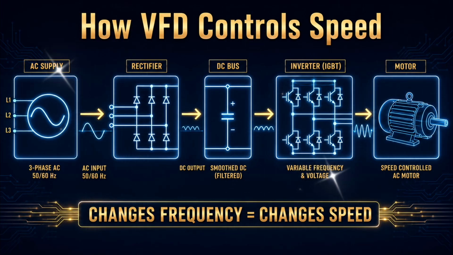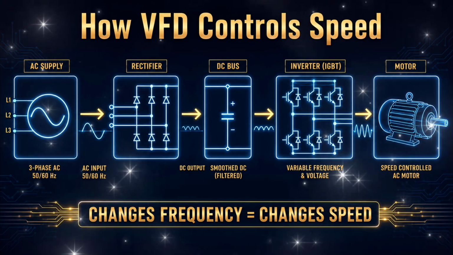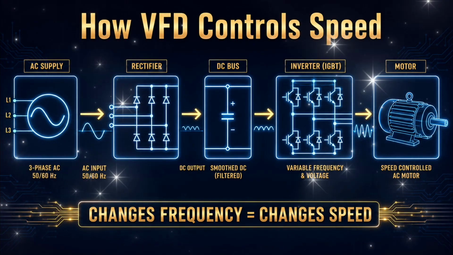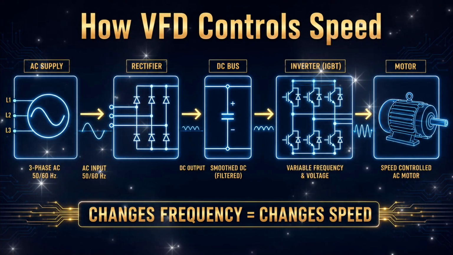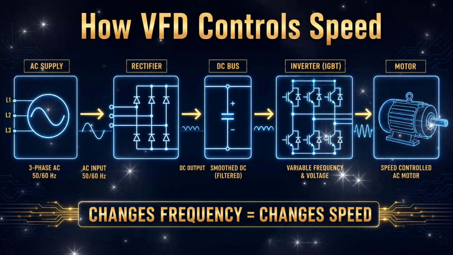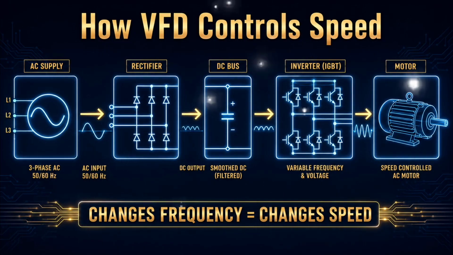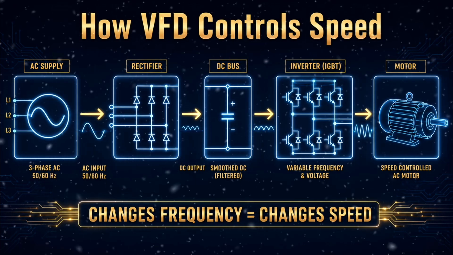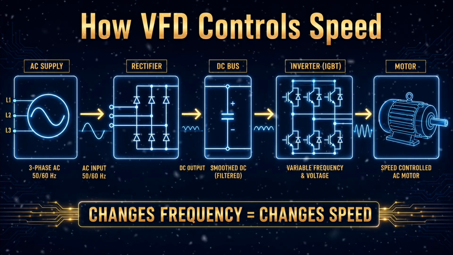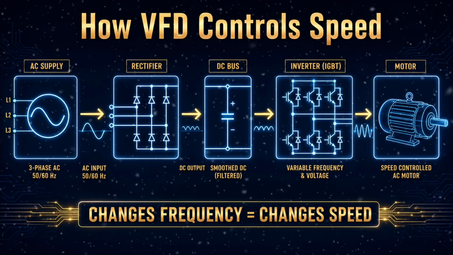Stage 2, DC Bus, filters and smooths the pulsating DC into a stable DC voltage using capacitors and a DC choke. Stage 3, Inverter, uses 6 IGBT transistors with PWM, pulse width modulation, switching to convert stable DC back into variable frequency and variable voltage AC output.